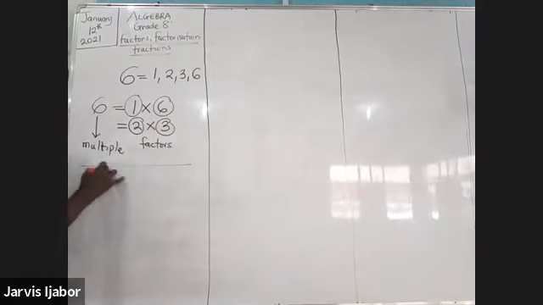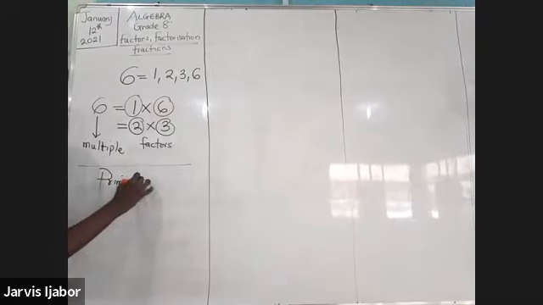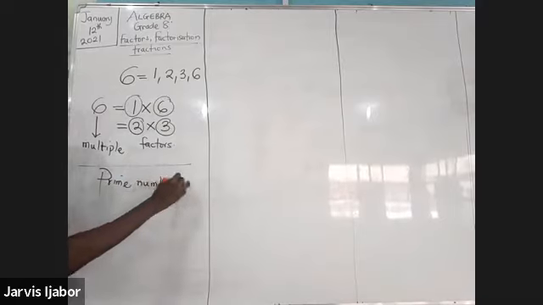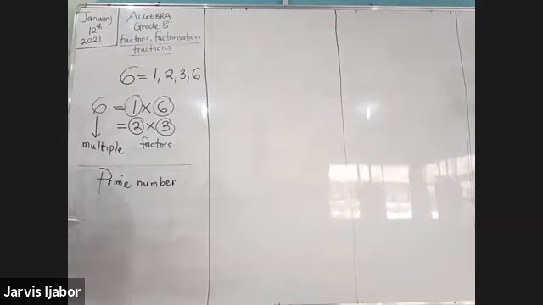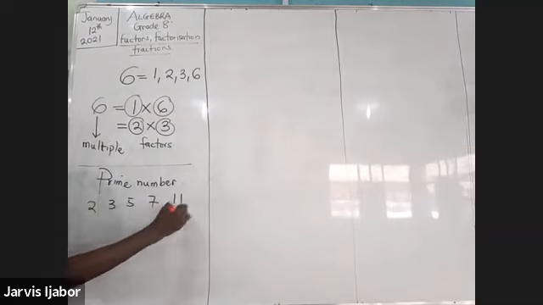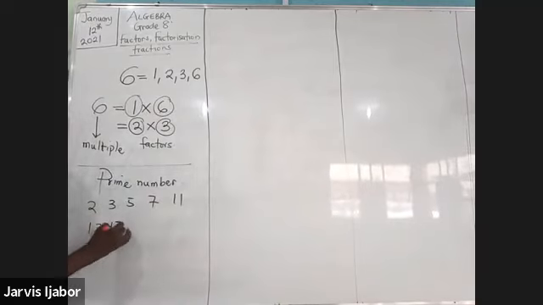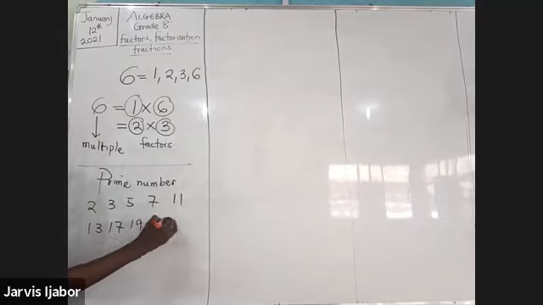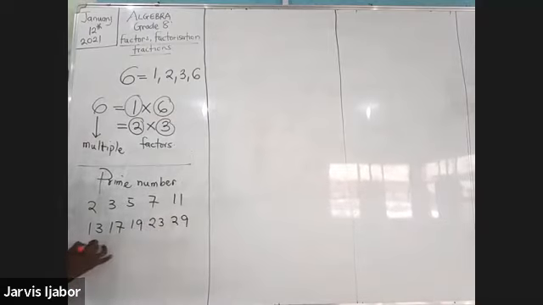Having talked about that, we come to another important idea you learned previously. There's something we call prime numbers. And you know them very well. So let's try to list them out. 2, 3, 5, 7, 11, 13, 17, 19, 23, 29, 31.